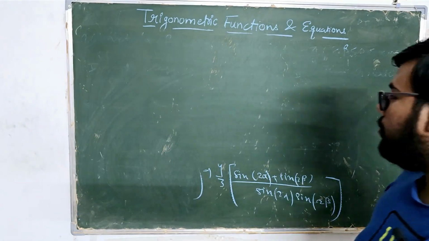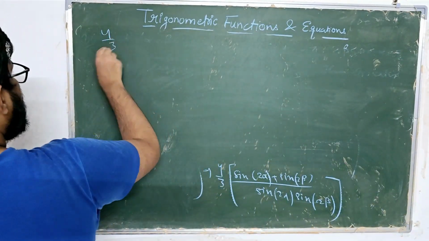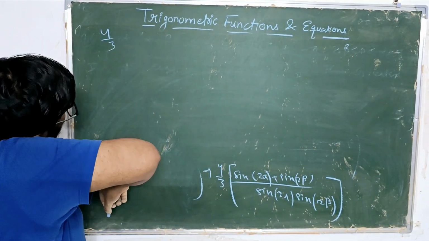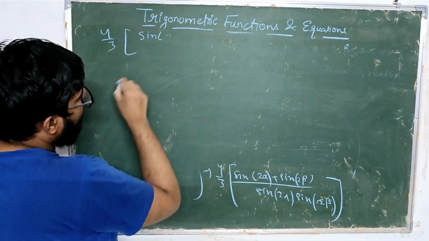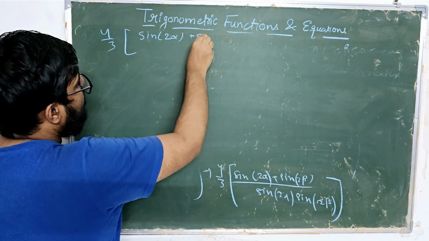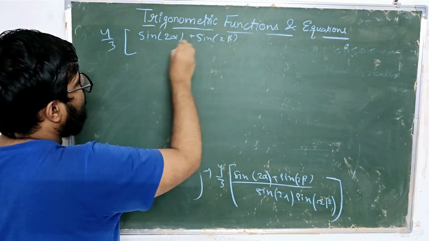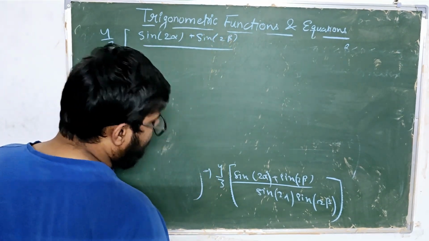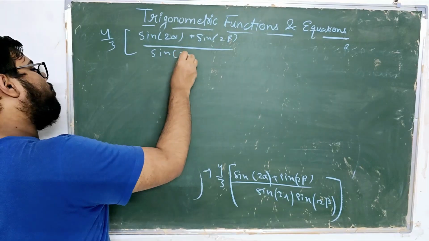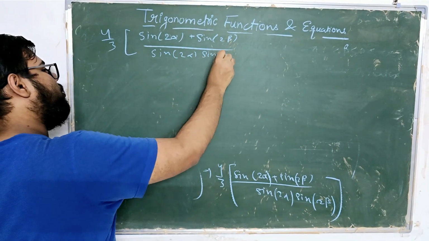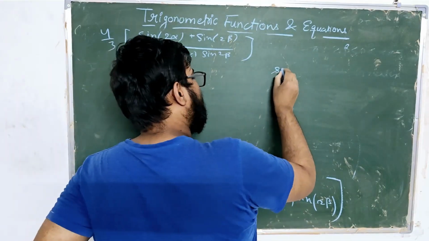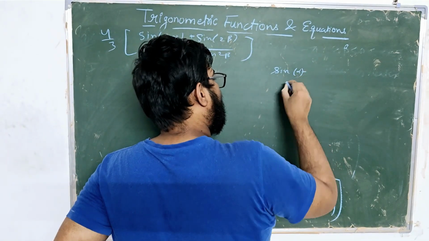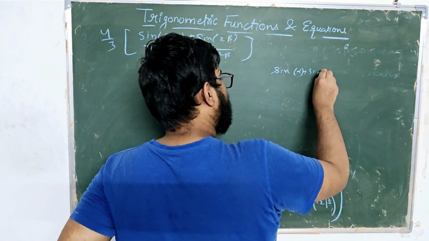Okay. So we have the expression 4 by 3 times sine of 2 alpha plus sine of 2 beta divided by sine of 2 alpha into sine of 2 beta, right? Okay. Now what is sine of alpha plus sine of beta?